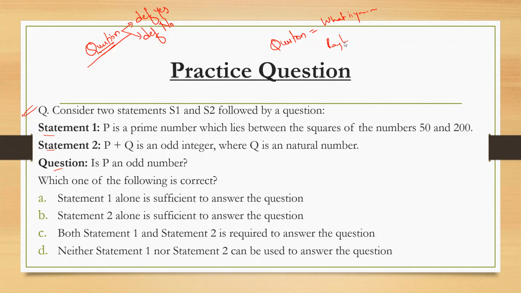Squares of numbers mean, Raghavan, that P is a prime number which lies between 50 square and 200 square, all the numbers between them. P can be any such prime number ranging from 2500 to nearly 40,000.